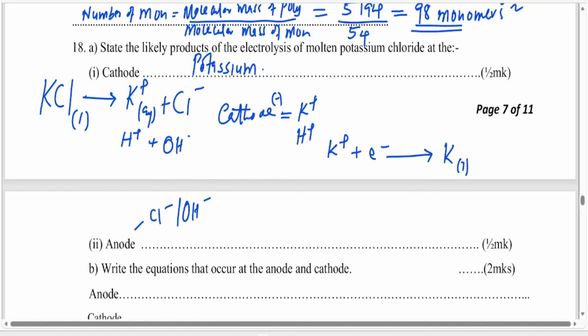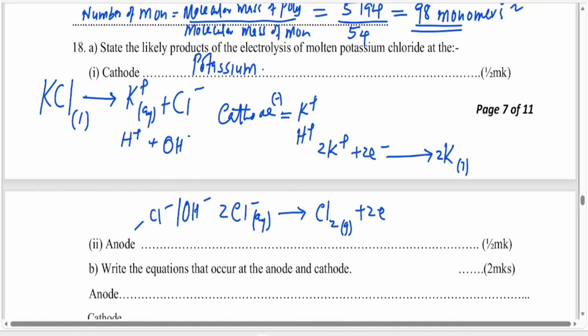If we discharge chloride ions, we expect them to lose electrons and form chlorine gas and discharge an electron. We balance with 2 and with 2 here. Remember, when writing this ionic equation, we always start with the anode, so this could have been 2, 2, and 2.